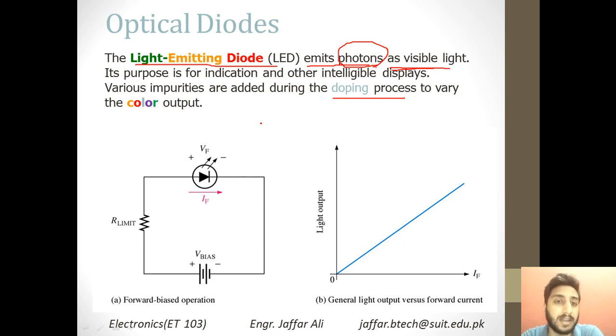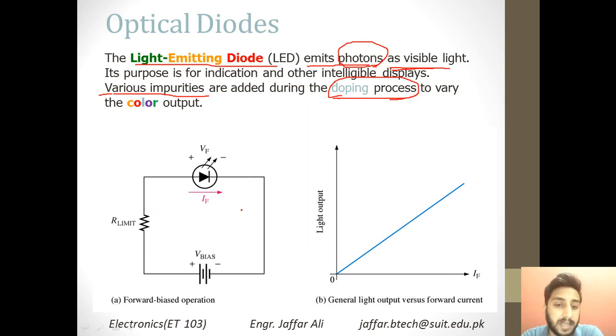All of these are the same, but the difference between them is the doping process, and the addition of different materials known as impurities basically changes the color of the LED. So if you want to change the color of an LED, you just have to change the impurities and their concentrations in the process of doping. Normally this is done in factories or industries. You cannot do this at home.